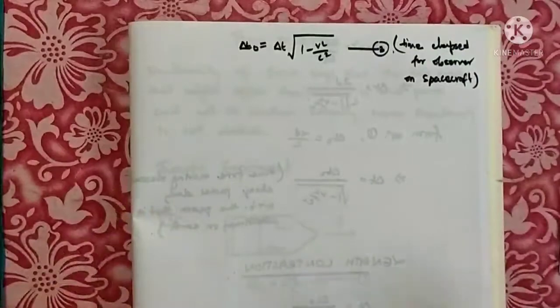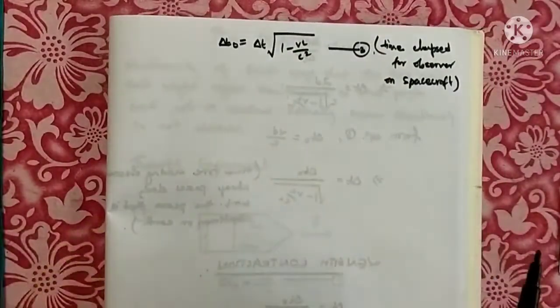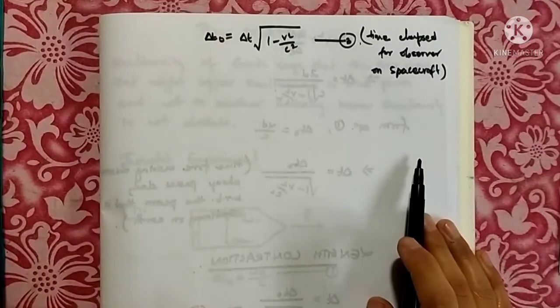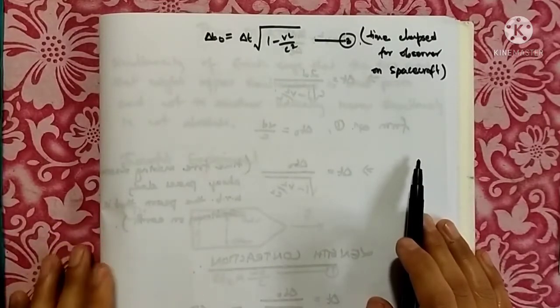Now, since the velocity of the spacecraft does not change but the observer in the spacecraft measures less time, then the distance they measure must also be less.